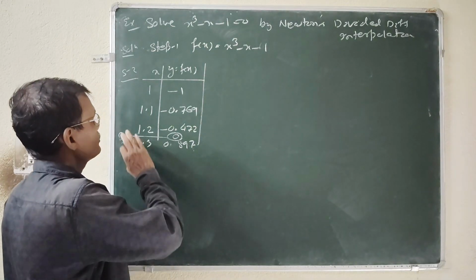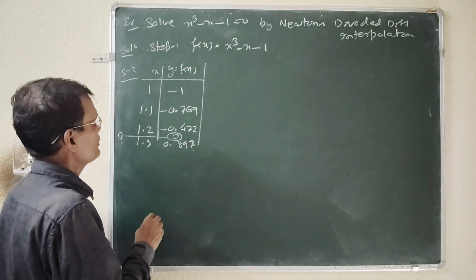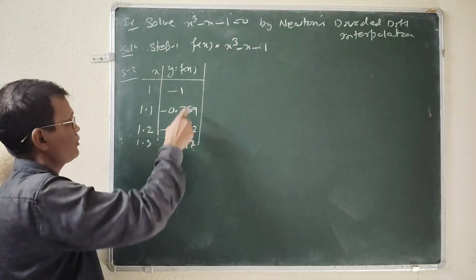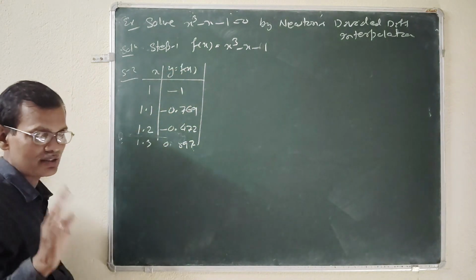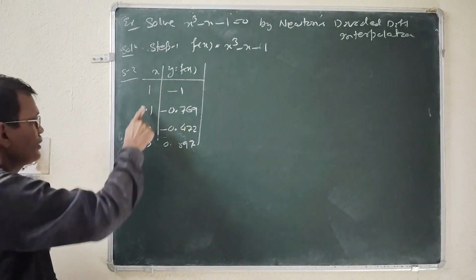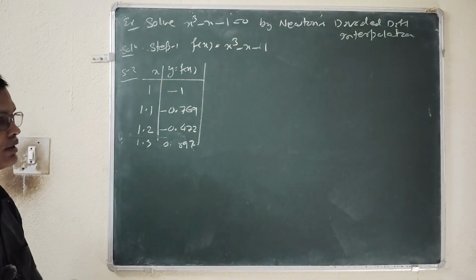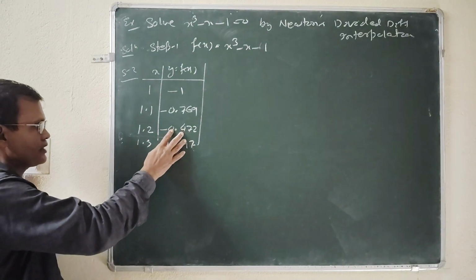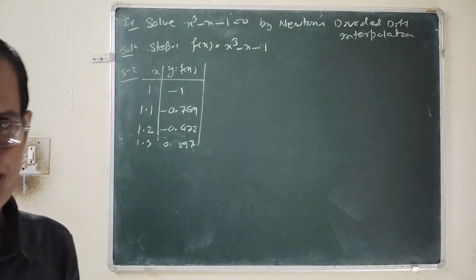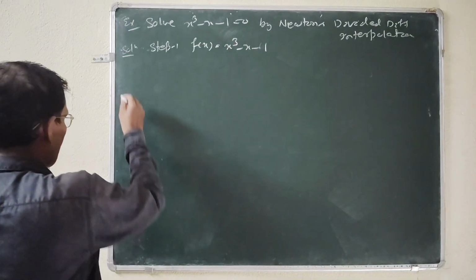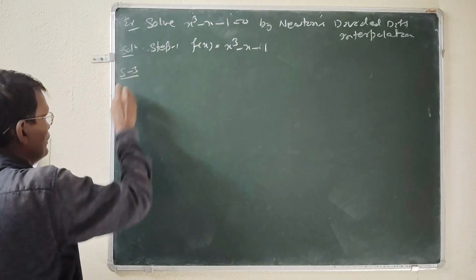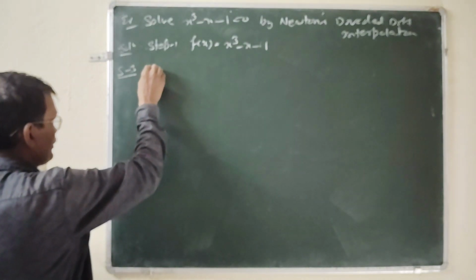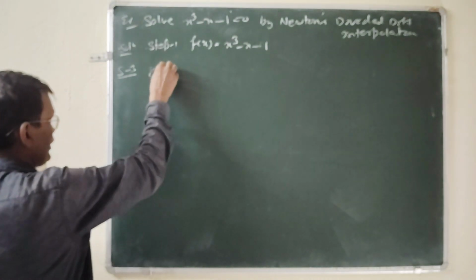Okay, so once we make this table, we will change the order of the table. We will consider this column as our first column and this as our second column. Let us rewrite the table. Step 3. In step 3 you write first y, then x.